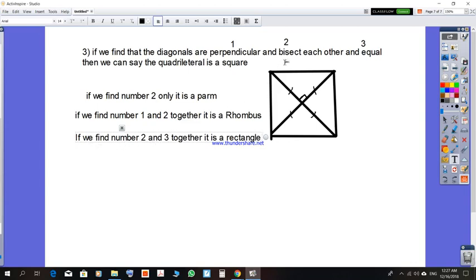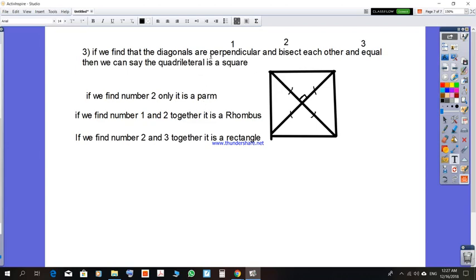If I find number 2, that means the diagonals bisect each other and equal, then we say the quadrilateral is a rectangle. So we notice that the square collects all of them.